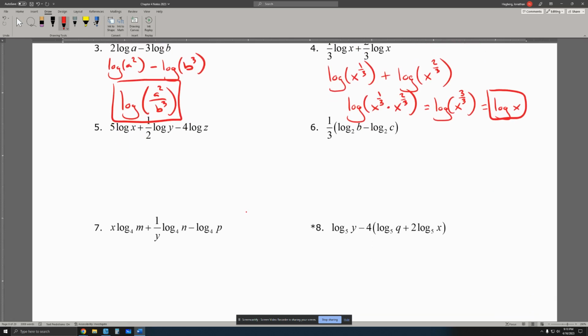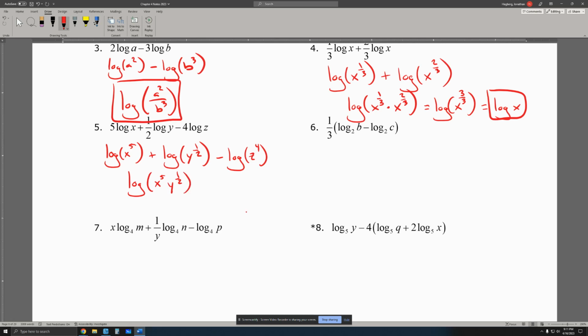All right. Number 5. We have 5 log x, so this would be rewritten as log of x to the 5th, plus log of y to the 1/2, and then minus log of z to the 4th. So this first grouping, we have a power rule. So we have log of x to the 5th, y to the 1/2.